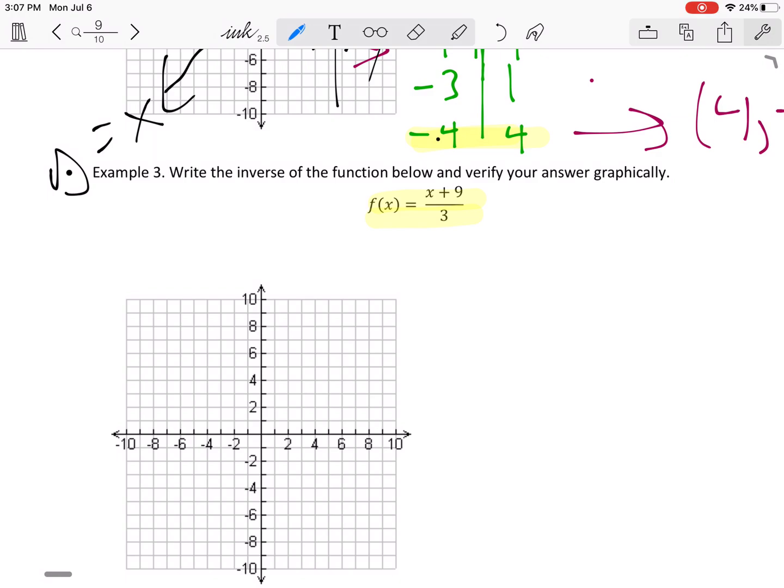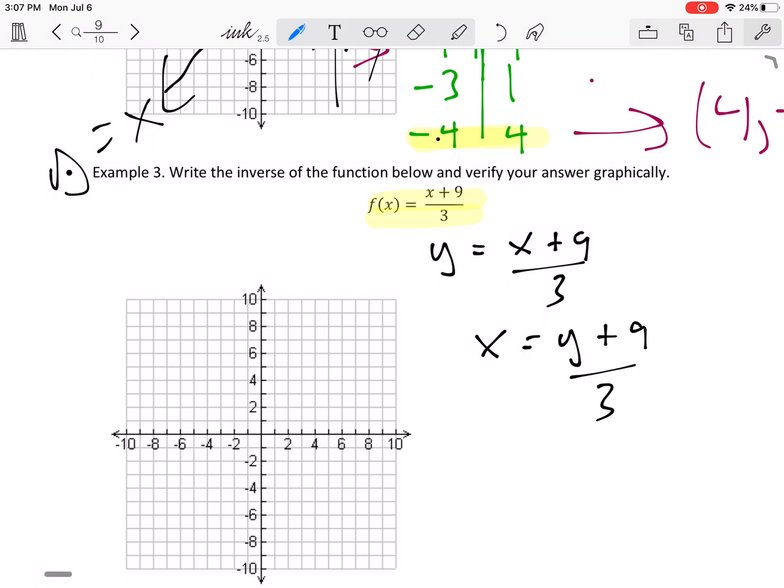Let's rewrite this in terms of y: y equals (x + 9)/3. If we want to make this an inverse, what you're doing is switching x and y. So this then becomes x equals (y + 9)/3.